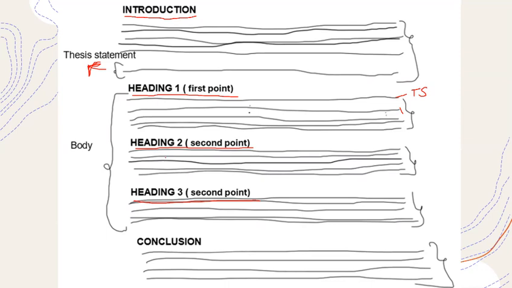So the purpose of this slide is just to tell you that you can also take your main points and convert them into headings and then discuss them in paragraphs. This one is also good, especially for very long reports, for very long essay questions, for very long documents. You can also use this when you are doing a critical review, a literature review, and stuff like that.